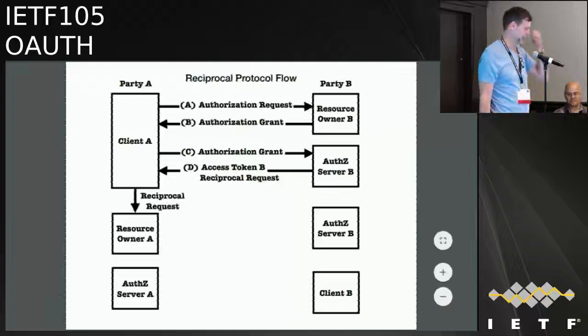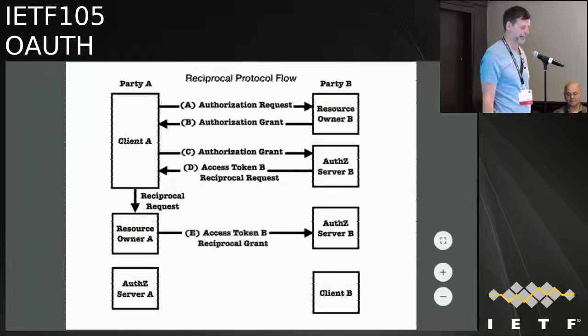At that point, the client's really starting to change to be the resource owner, and it's saying, here's the reciprocal, this is what the other guy wanted if he asked. Otherwise, it's potentially pre-configured what party B wanted. And then the resource owner calls the Auth server.